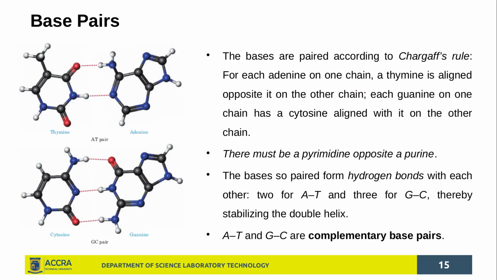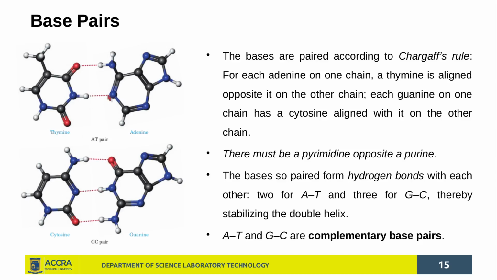So you have adenine, which is a purine, and its complementary base is thymine, which is a pyrimidine. Similarly, for guanine, which is a purine, its complementary base is cytosine, and vice versa.